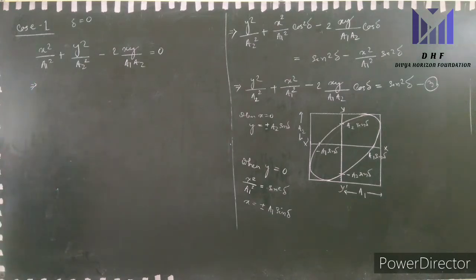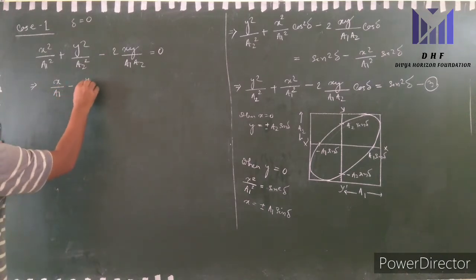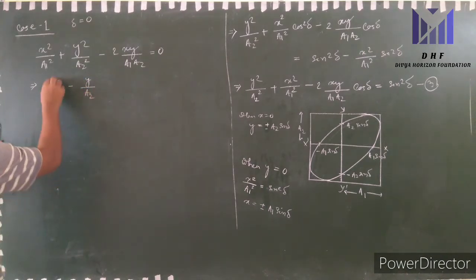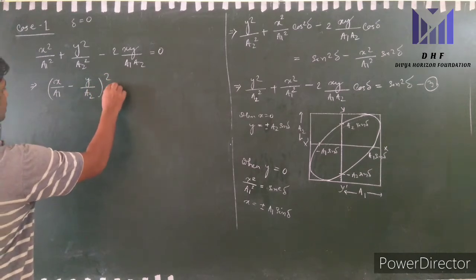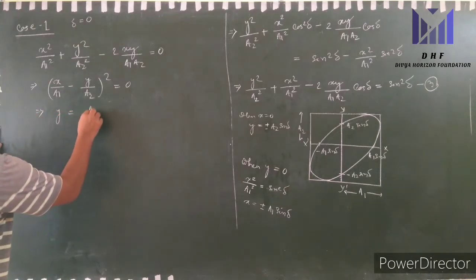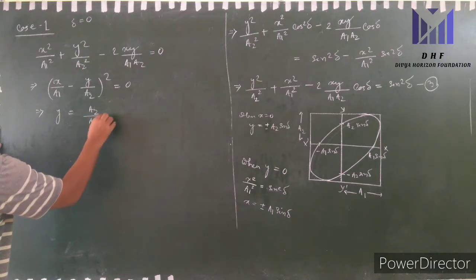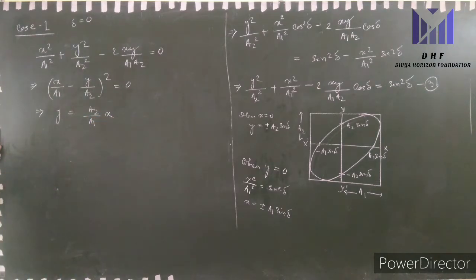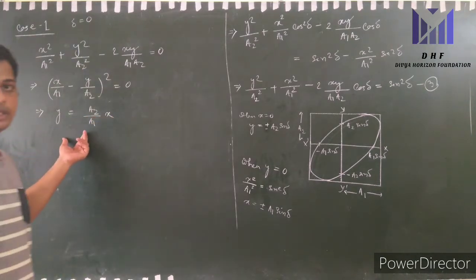That will be equal to x by a1 minus y by a2 whole square, that is equal to 0, or y is equal to a2 by a1 whole into x, which is the equation of a straight line.